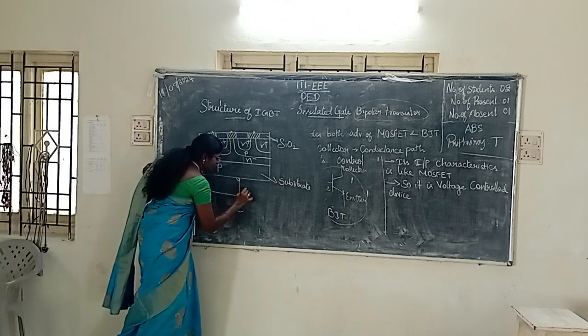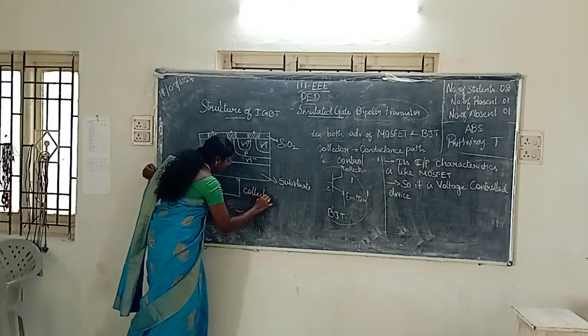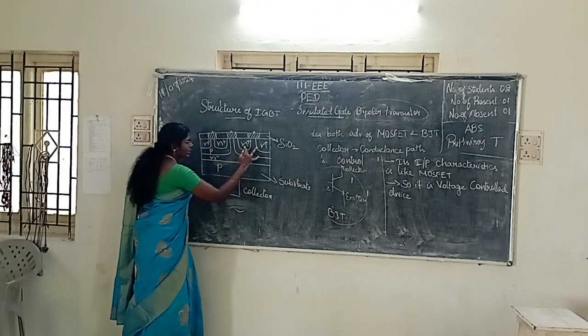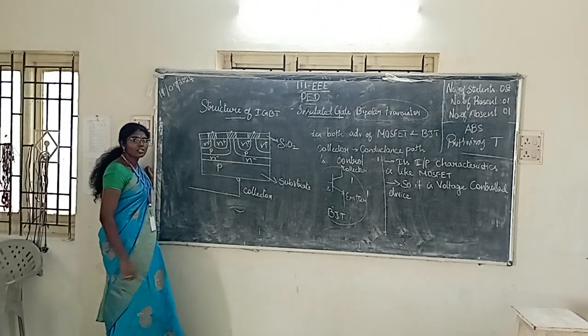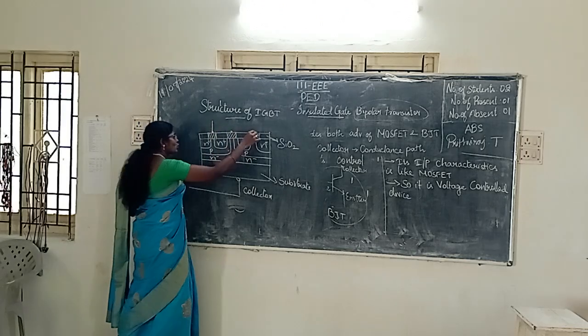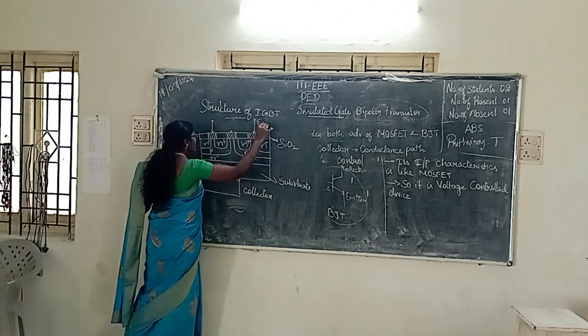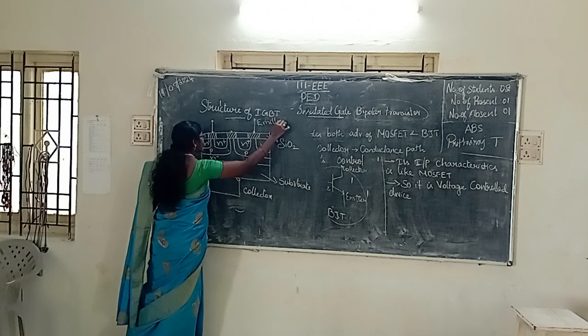So one terminal is called the collector. Is there any difference? N plus, N plus, N plus, N plus. Is there any difference? No. These two terminals are called the emitter.